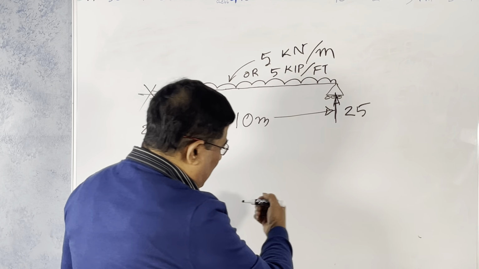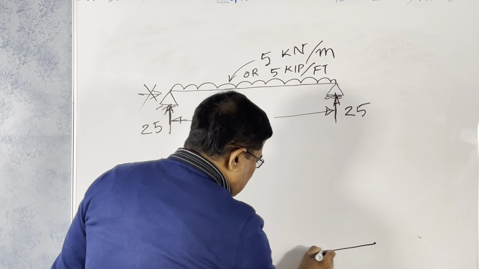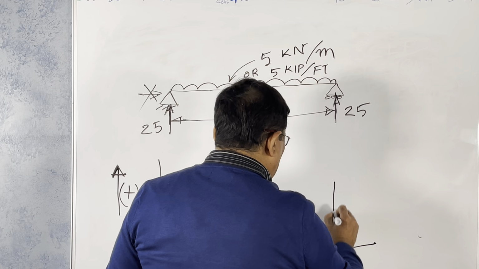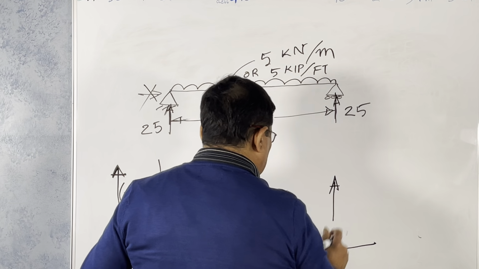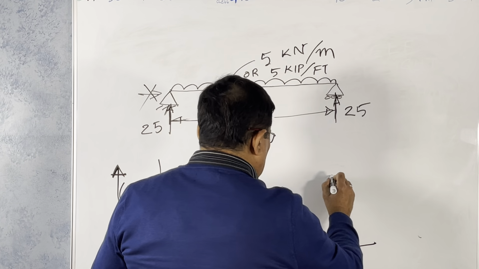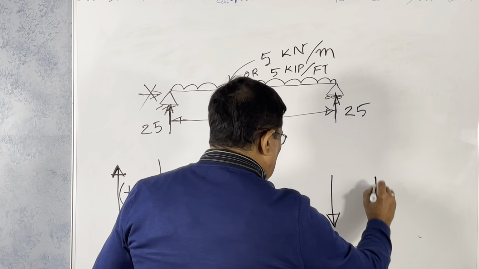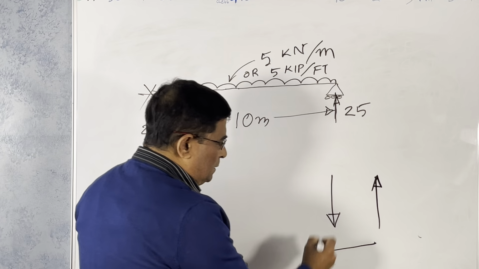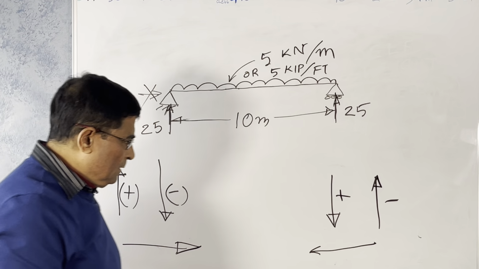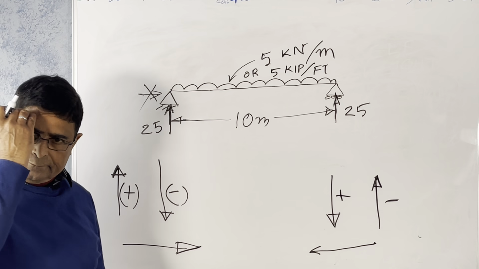All the downward forces are negative if you consider the values this way. But if you are calculating from this side, downward is positive, upward is negative. Just the reverse.